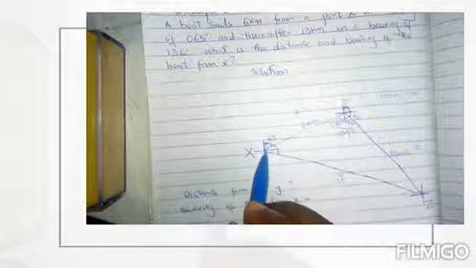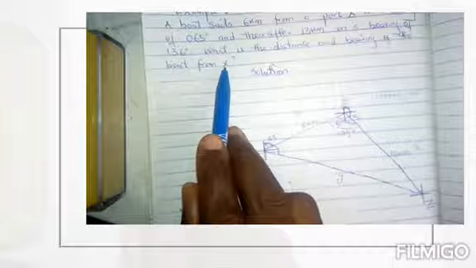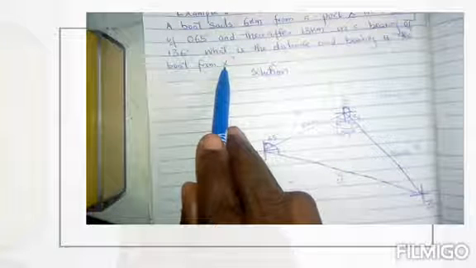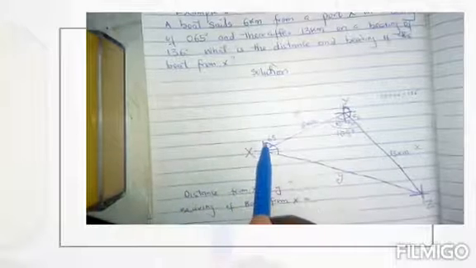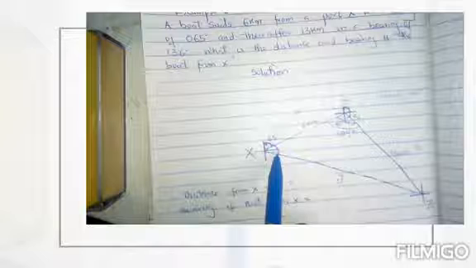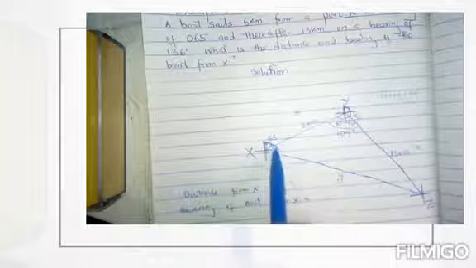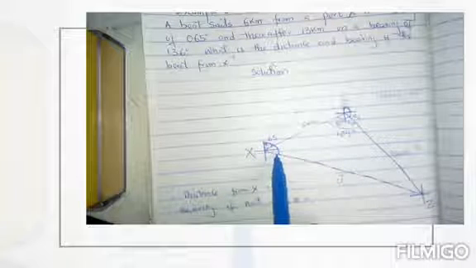So this is the bearing of the boat from X. When they say from, that is where you are going to stand to draw the arc from the North Pole to that point you are looking at. We want to look at the boat from here. So this is the angle, the bearing we want to calculate.